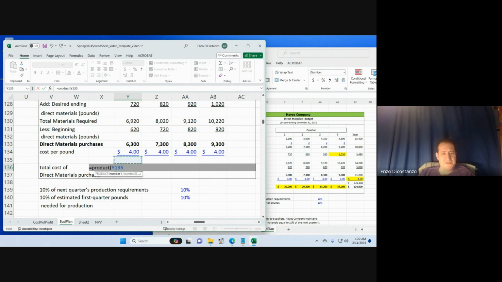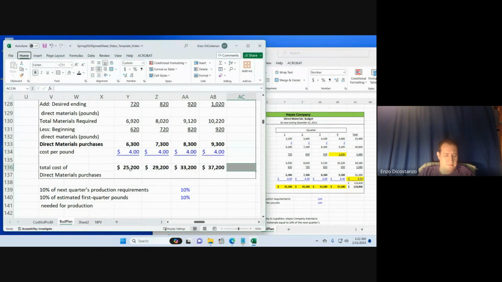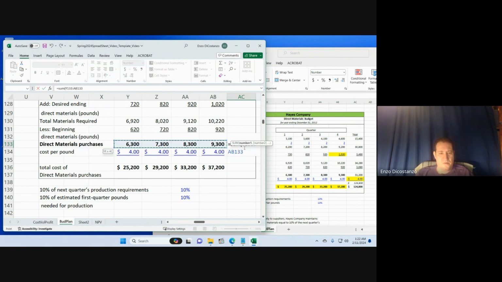And folks, what are we doing here? We're just trying to get you to figure out how to organize your materials purchases. And again, especially if you do anything beyond the handyman level, right? You're going to need to be able to understand how to do this. So here, let's sum up all the purchases.